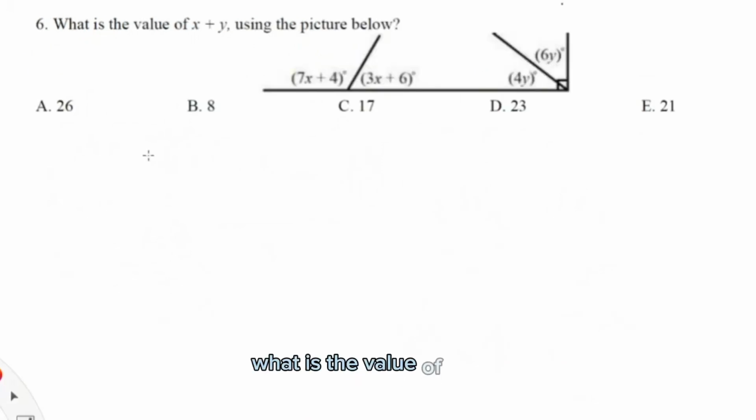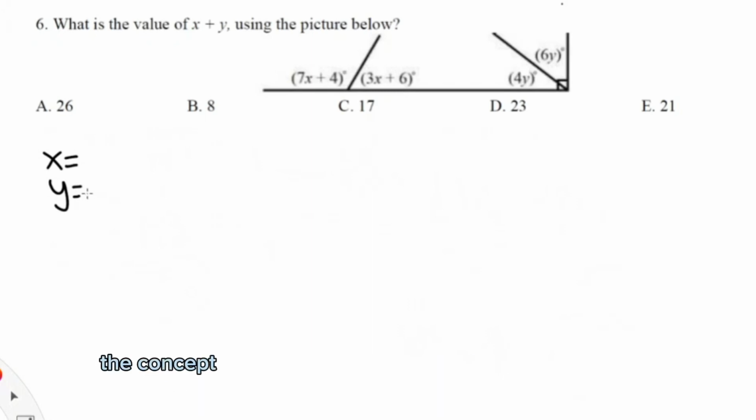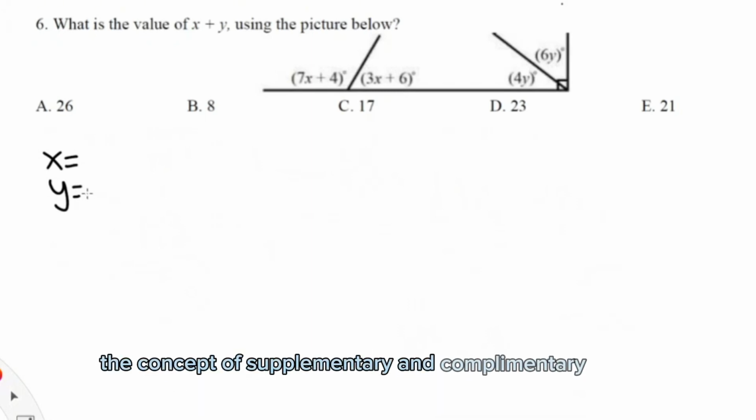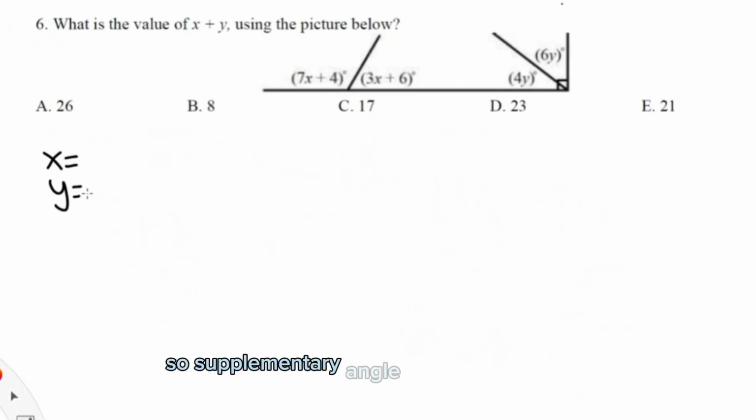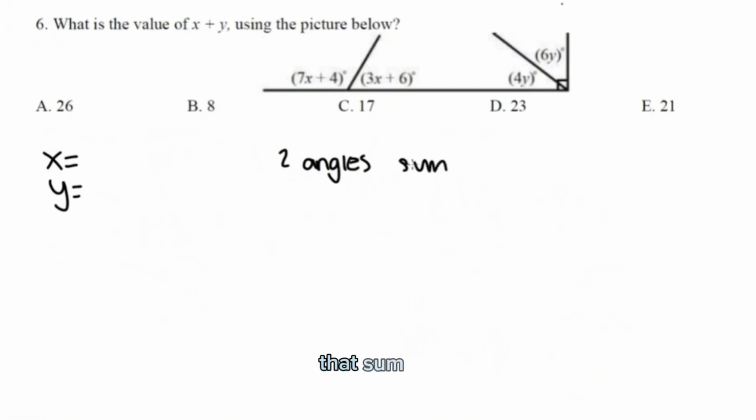Alright, number 6. What is the value of x plus y using the picture below? So we have to find x plus y. In order to do that, we first need to find what x is, and what y is. The way we're going to do that is by using the concepts of supplementary and complementary angles. A supplementary angle, or SUPP, is two angles that sum to 180.